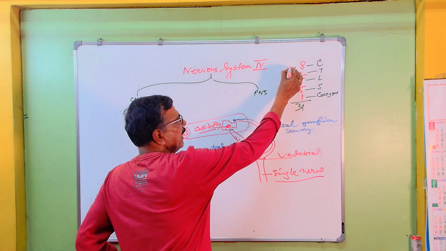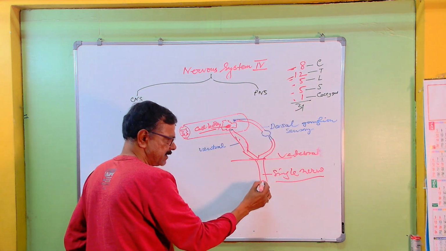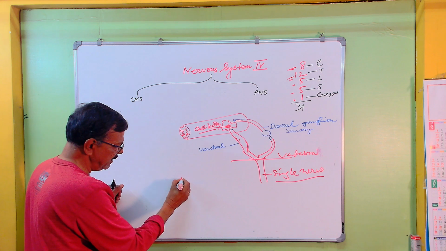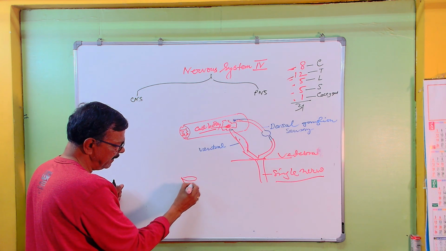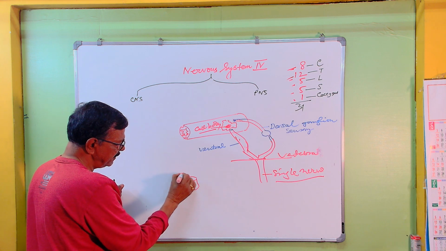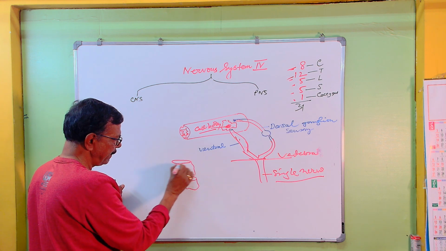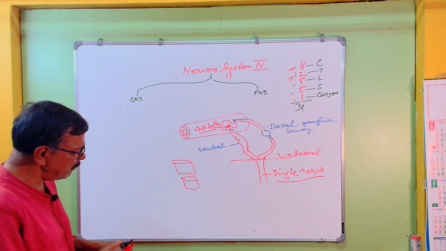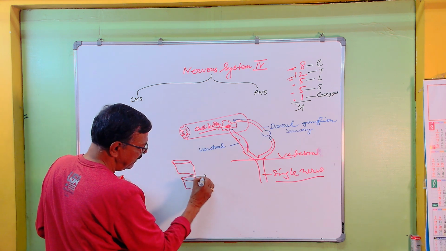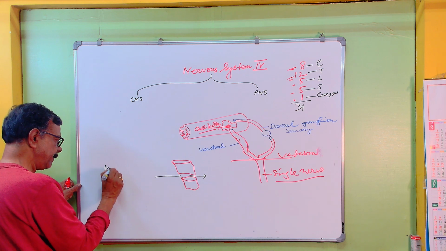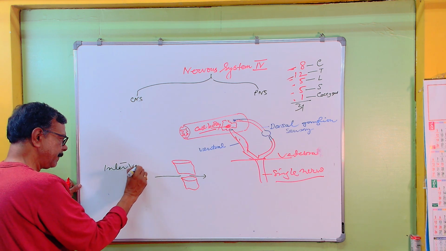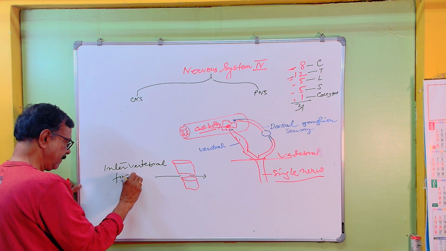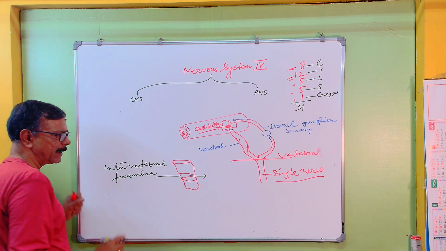These single nerves are 8 pairs, 12 pairs, 5 pairs, and so on. Suppose this is a vertebra, and this is also a vertebra. Where does the nerve come out from? It comes out here, in the area known as the intervertebral foramina.